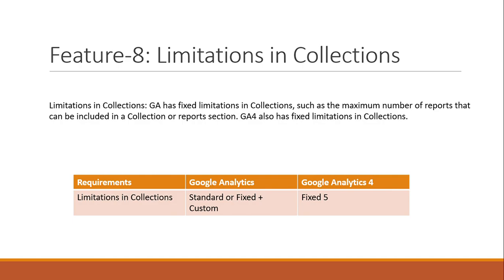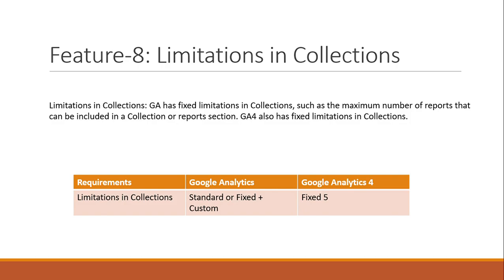Feature 8 is the limitation in collections. Currently we have a certain number of collections available in the library, so how can we add more? At a user level, it gives only a certain limit: we can add only up to 5 to 6 collections, and a few standard collections already exist.